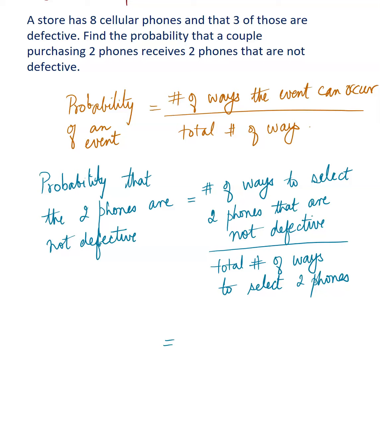So if you actually look at the phones that are not defective, I would like to draw your attention to this first sentence. 8 phones are there in the store and 3 are defective. Right? So how many are not defective? 5. 8 minus 3. The remaining 5 are not defective, right? So we have 5 phones that are not defective.